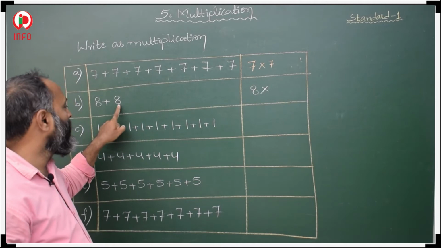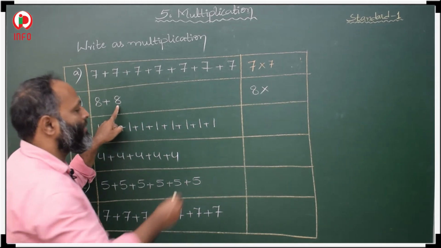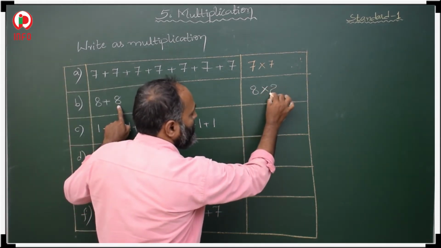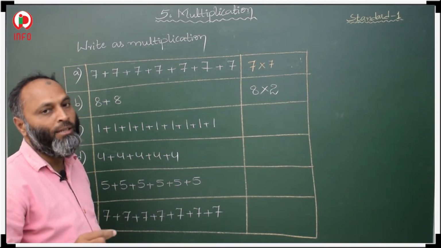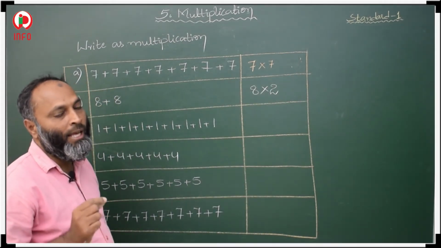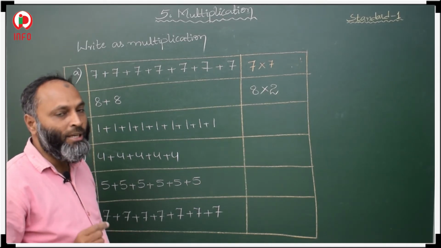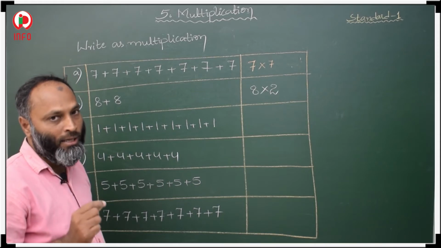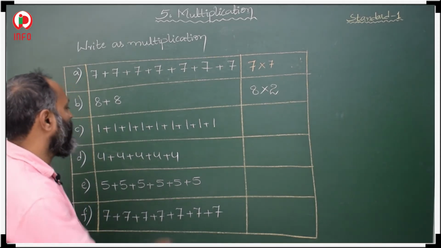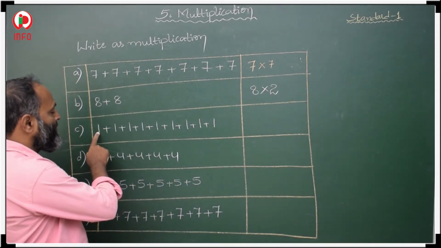We are adding 8 two times. 1 and 2. That number of times we have to write. So 8 into 2. We have to represent it like 8 into 2. It means 8 is added 2 times. In the same way, here, first 1 is there.